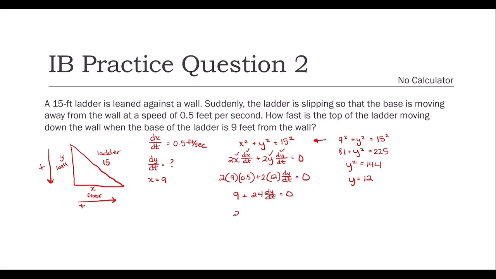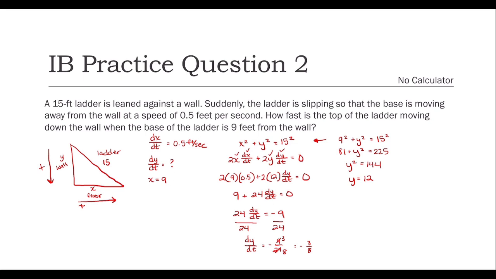Then we'll subtract 9 from both sides. And then we'll divide both sides by 24 to find dy/dt. So this says dy/dt equals negative 9 over 24. If we divide both by 3, we get 3 over 8. So this would be negative 3 over 8.